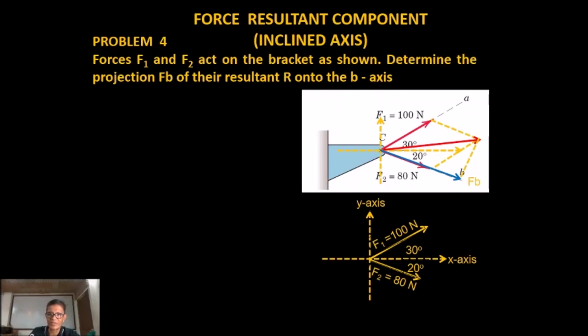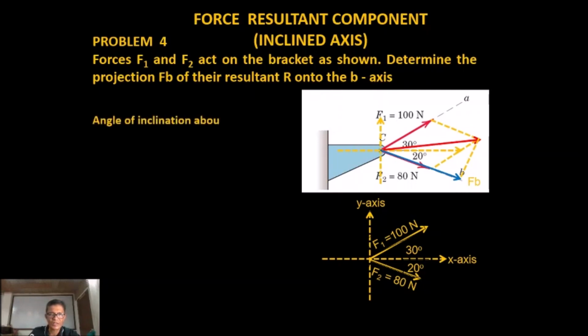So, we have actually yung kulay blue na FB is actually sort of a component along the B-axis, and we can determine that by first drawing a perpendicular line from the resultant to the B-axis. So makikita niyo yan dyan.